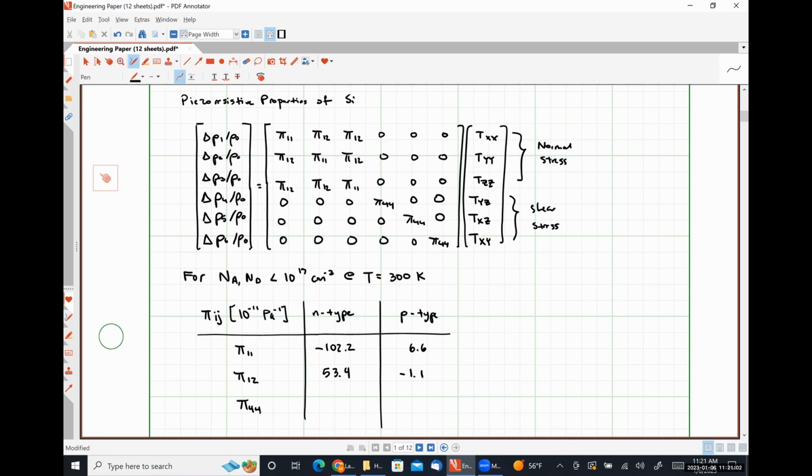And for pi 4,4, we're going to have negative 13.6 and positive 138.1, respectively. So these are telling us the direction dependent properties.